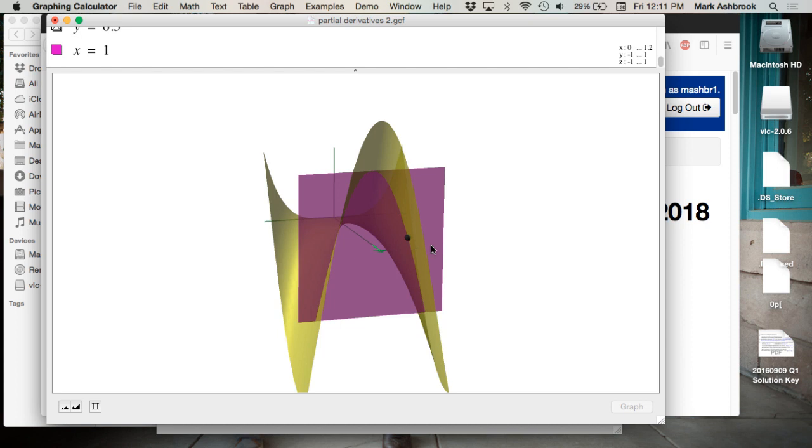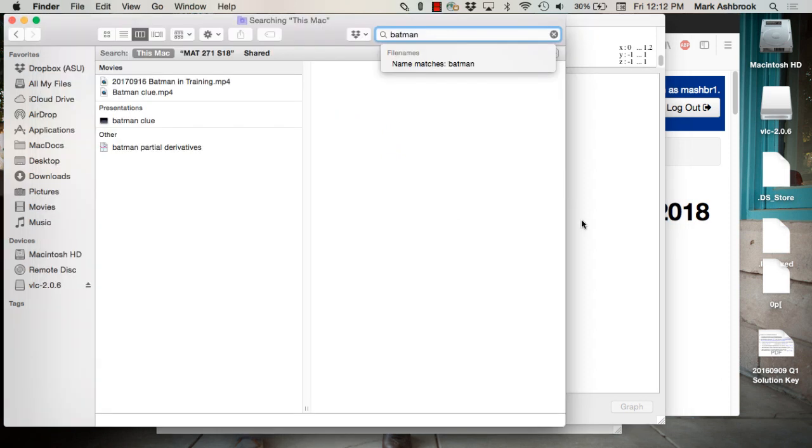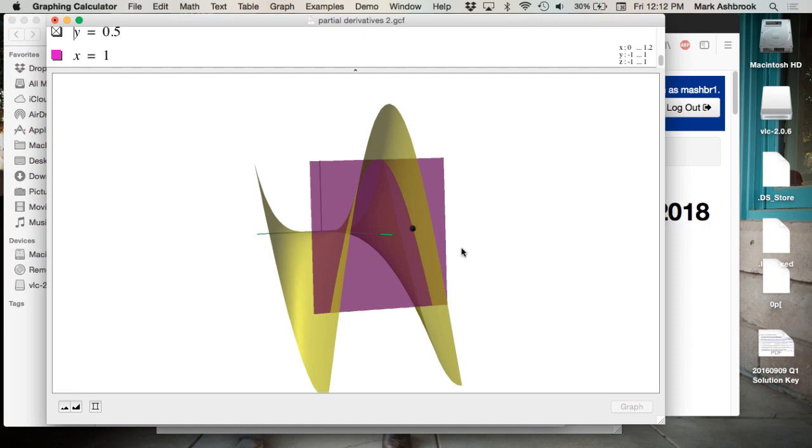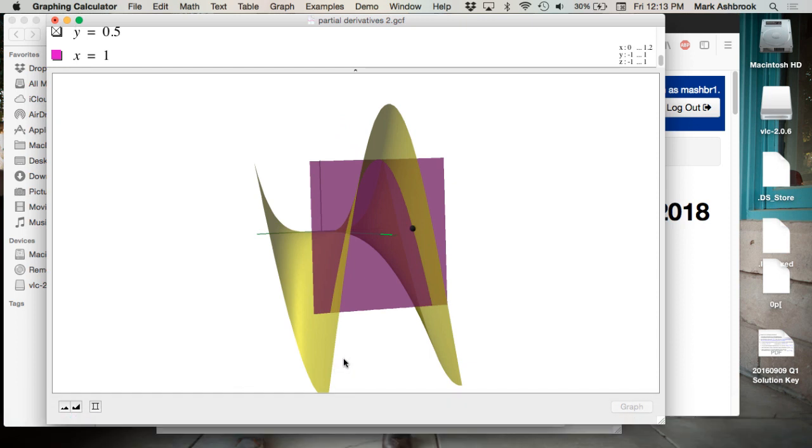Okay, now find the values, and let's see if that was right. So you've got your functions, and we're looking at the point x equals 1, y equals 0.5. Okay, what did you get for h sub x? Positive 2? People are getting positive 2.